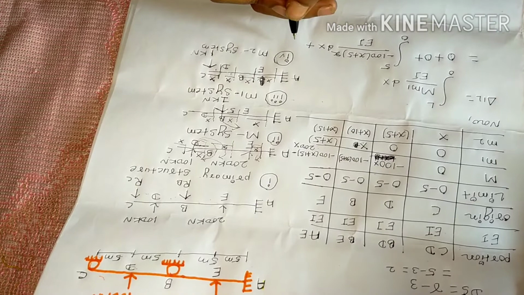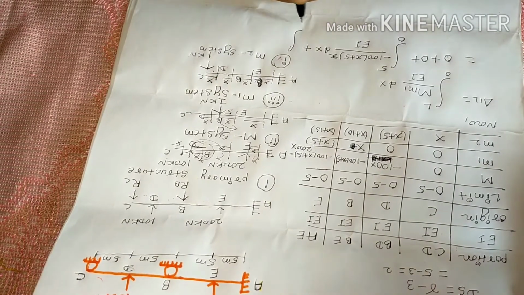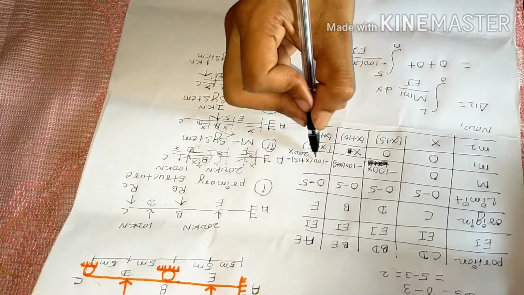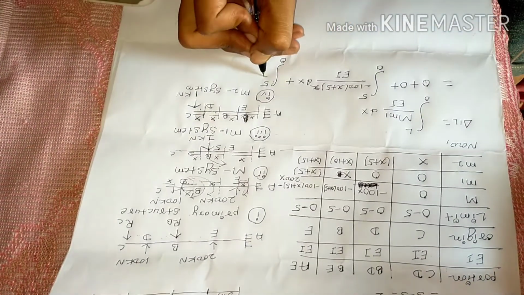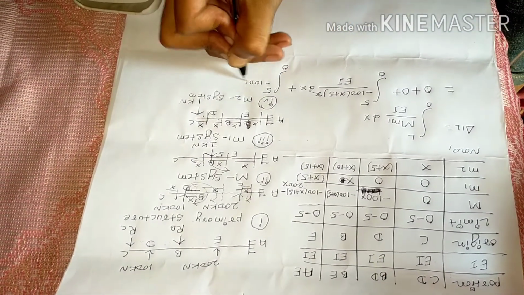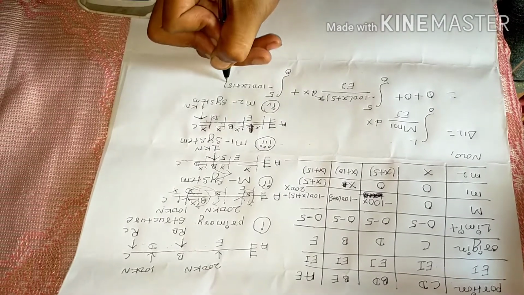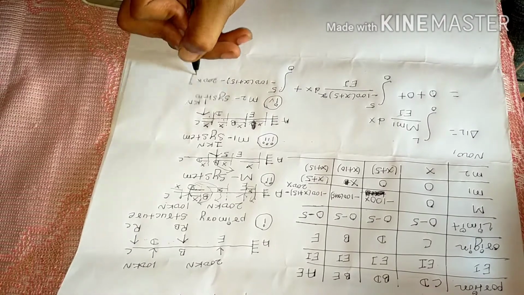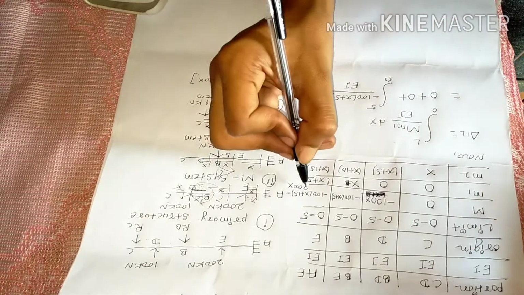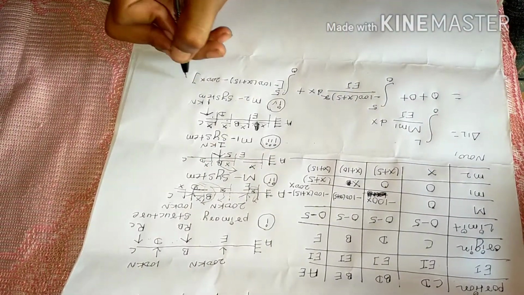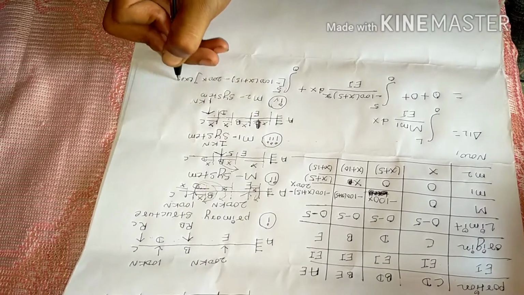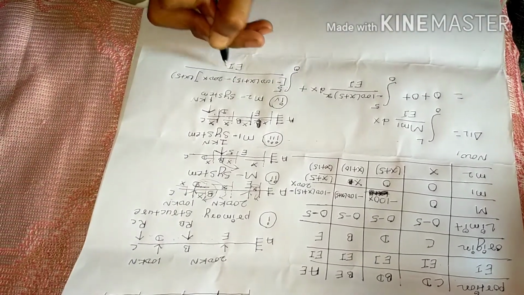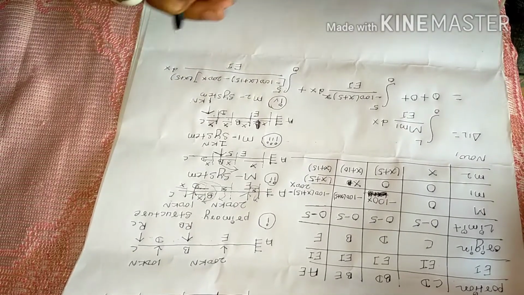Now for portion AE, we can see our limit is 0 to 5, m moment is minus 100 x plus 15 minus 200 x, and m1 moment is x plus 5, divided by EI dx.